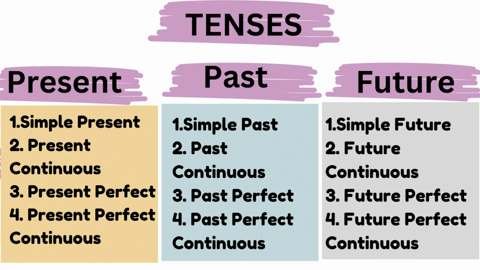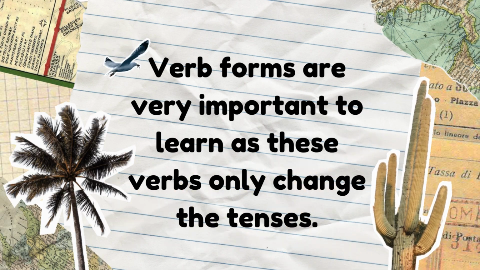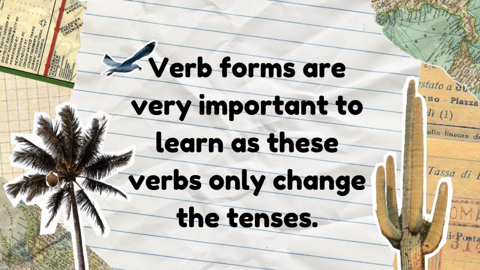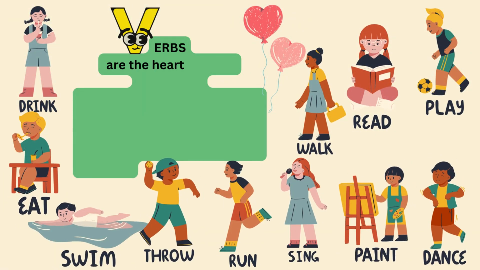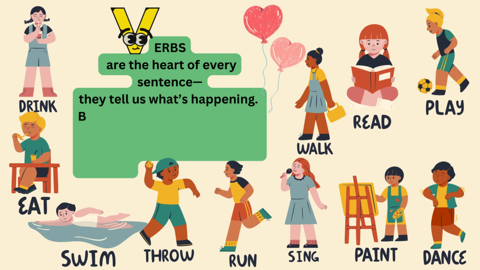Before we begin with the simple present tense, I want you all to know the importance of verb forms. Verb forms are very important to learn as these verbs are what change the tenses. You see, verbs are the heart of every sentence. They tell us what's happening.